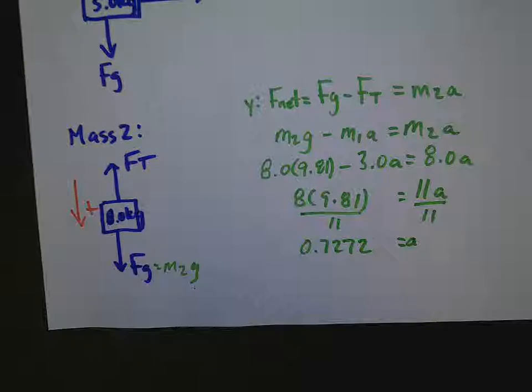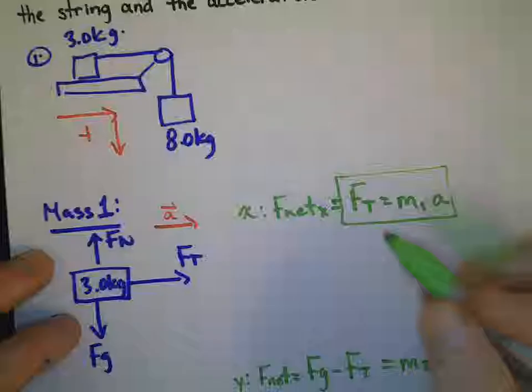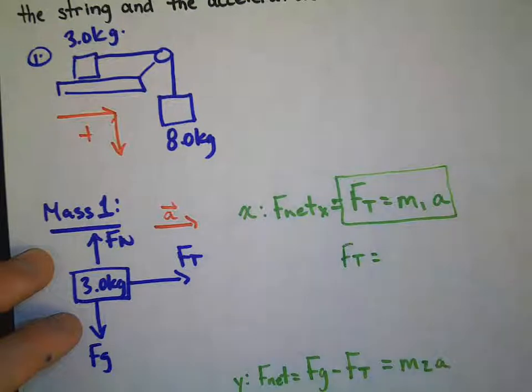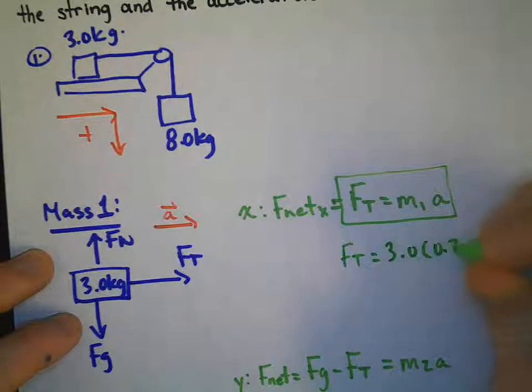And simply to calculate our force, now let's go back in here, our tension will merely be 3.0 times 0.7272, and that is 2.1818.